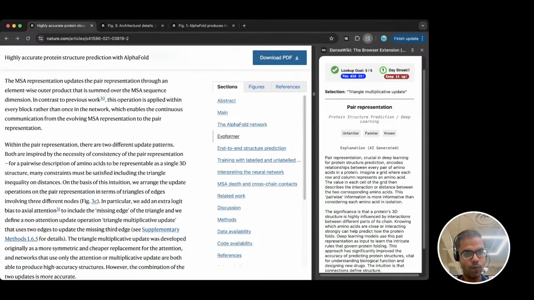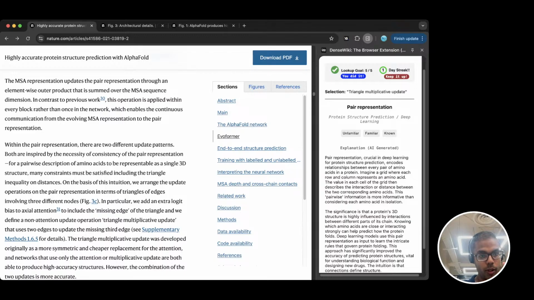Okay. Consistency of the pair representation.